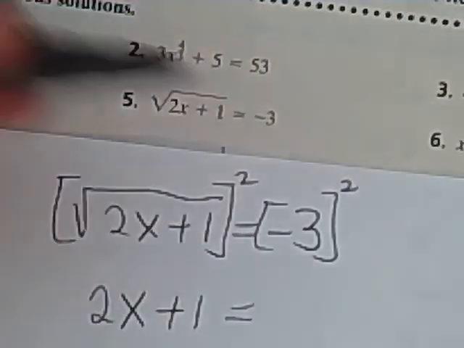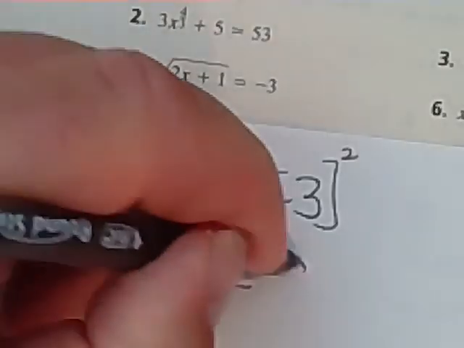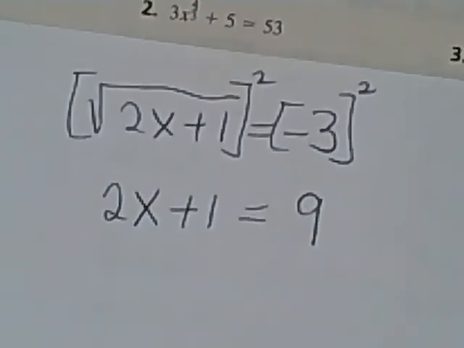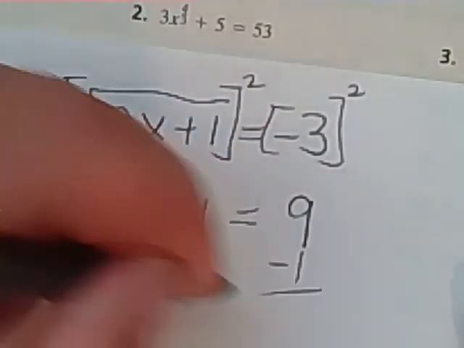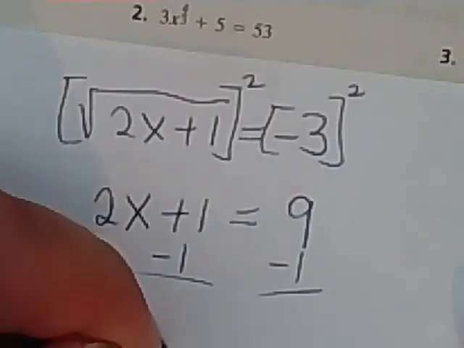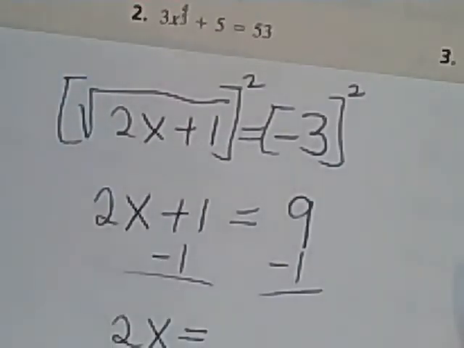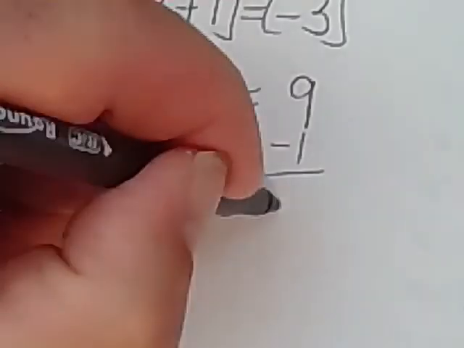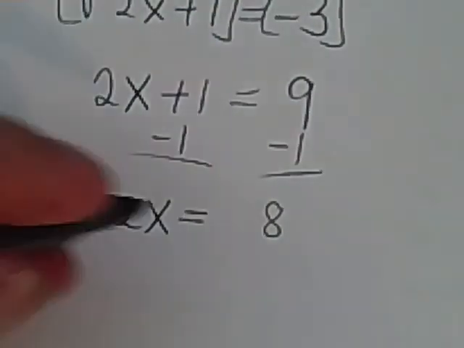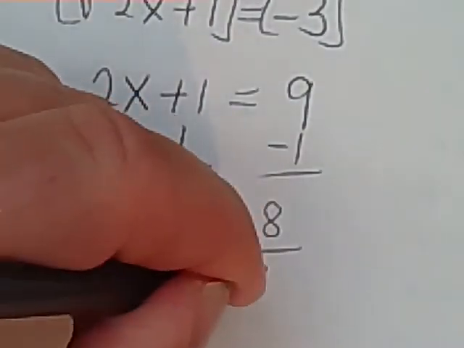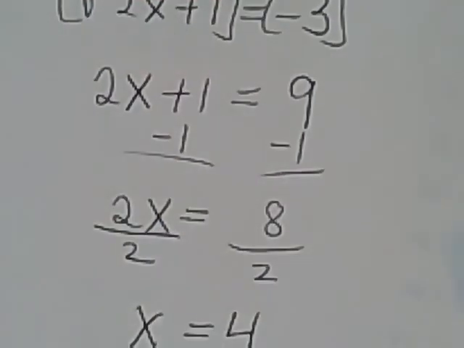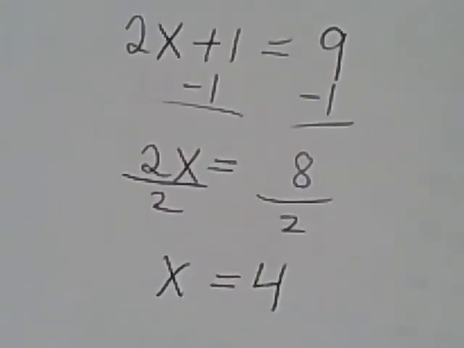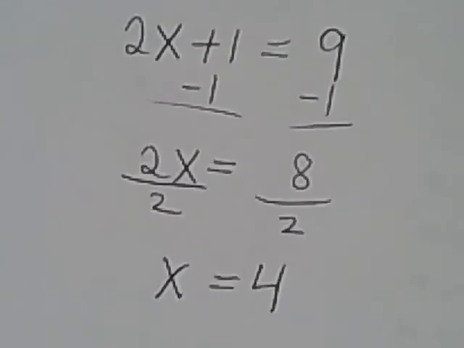On the right, -3 squared is 9. Oh man, this is child's play. I could subtract 1 from both sides. On the left, I have 2x. On the right, I have 8. Now I divide both sides by 2. X equals 4. Woohoo! But wait, does it work in the original equation?